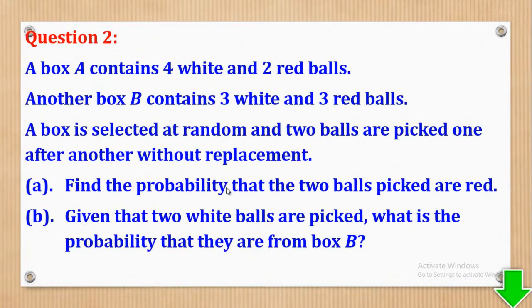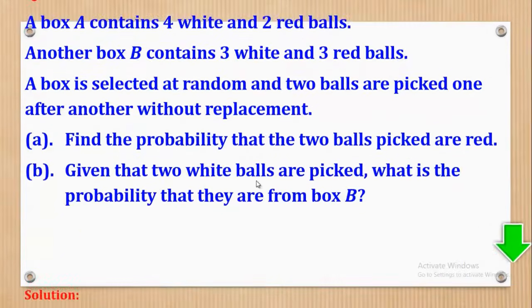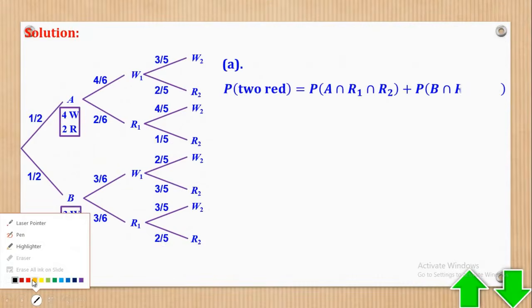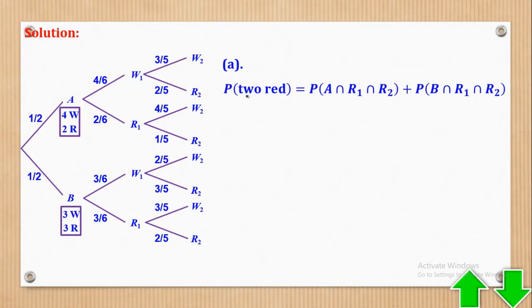So question 1 says, find the probability that the 2 balls picked are red. So 2 red means there is this red and this red, then also there is this red and red, which is this and that.